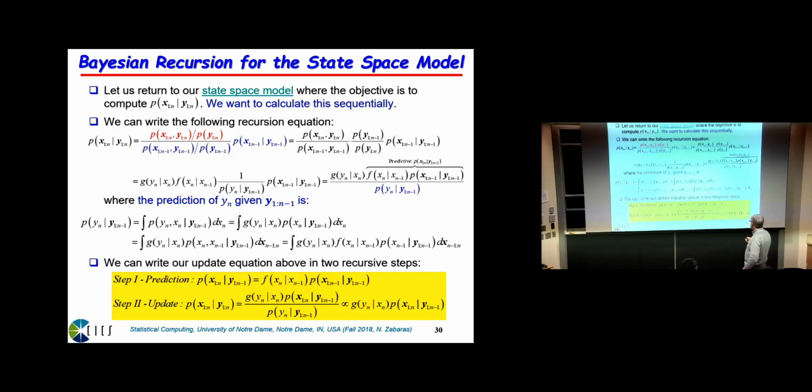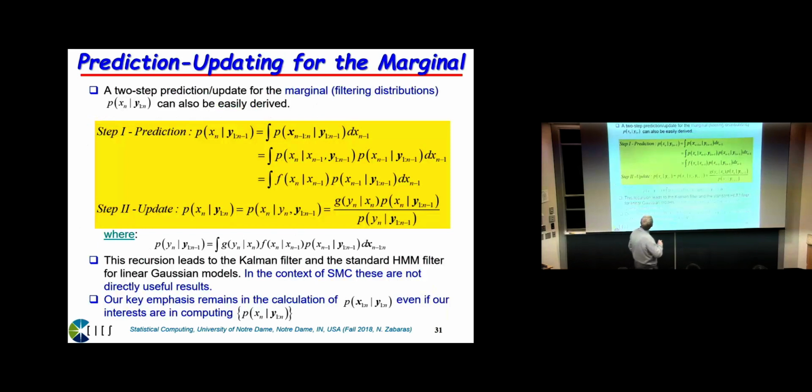I will show you with Monte Carlo methods that the next slide is not really very helpful, because if you know this distribution in terms of samples, the marginal of xn is directly there. You don't have to do any calculations. But let me just summarize the equations. The only thing you care about is this distribution, so you don't care about all of the x's, but only want to update the state at that time.